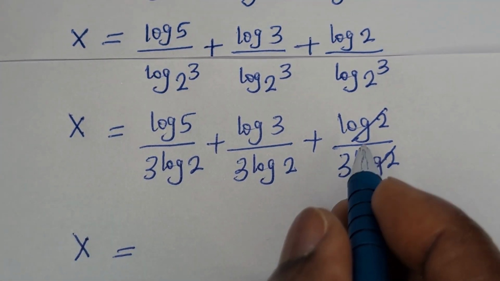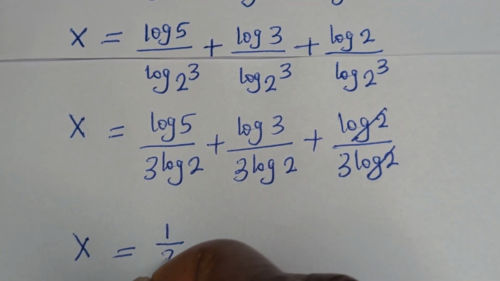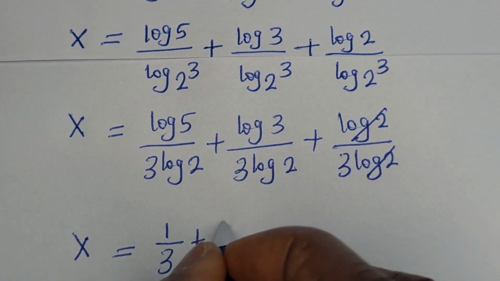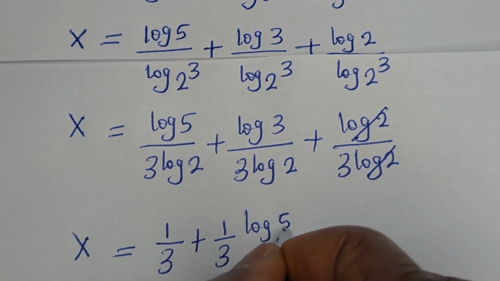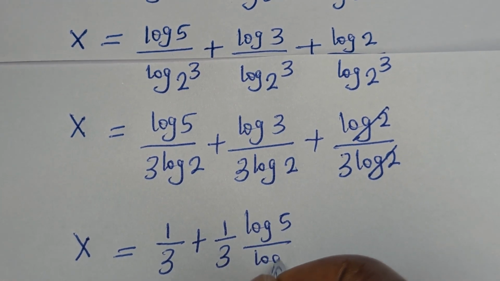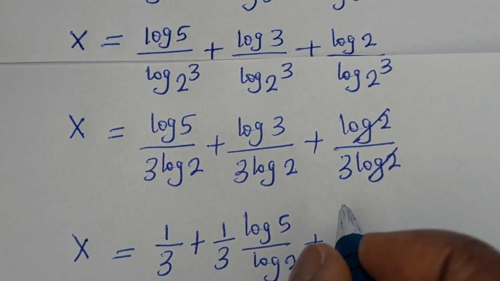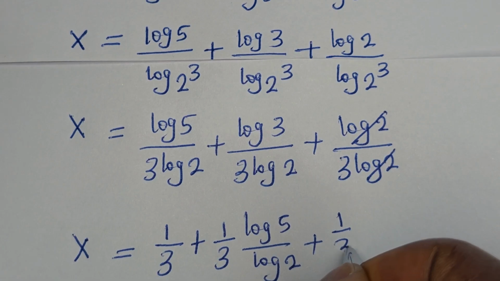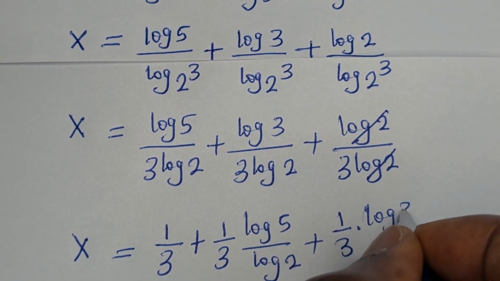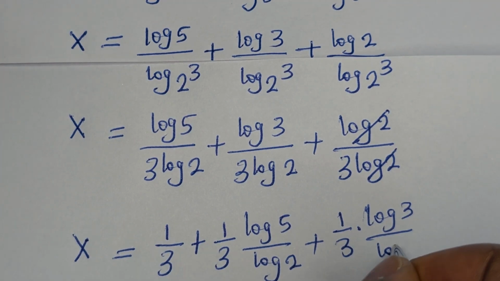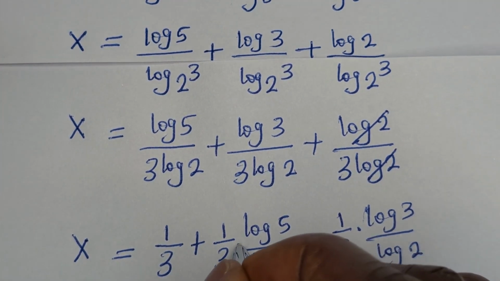S is equal to 1 over 3 plus 1 over 3 log 5 divided by log 2 plus 1 over 3 multiplied by log 3 divided by log 2.